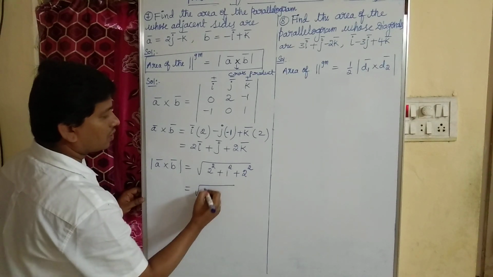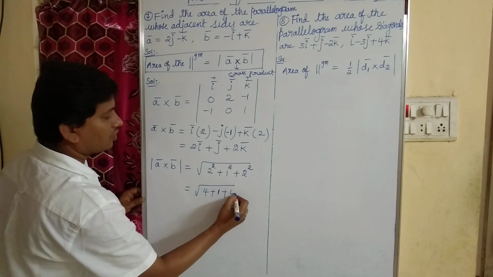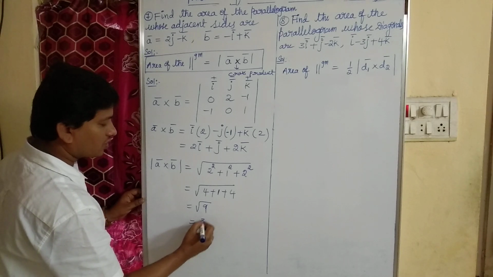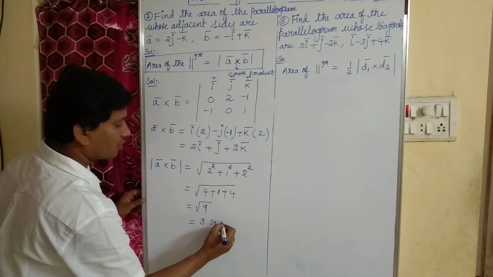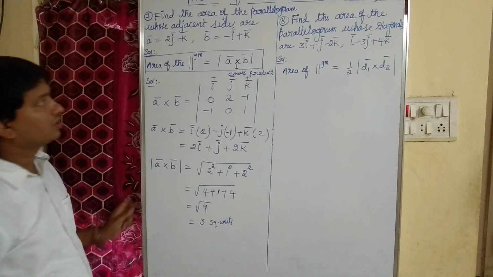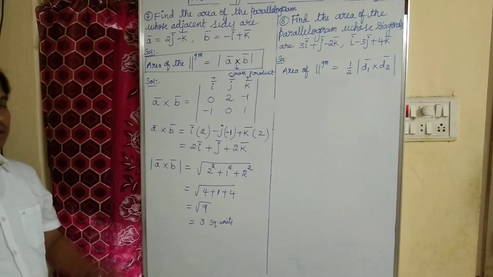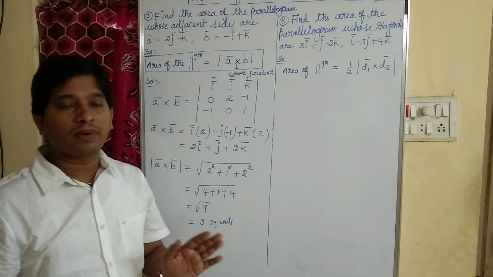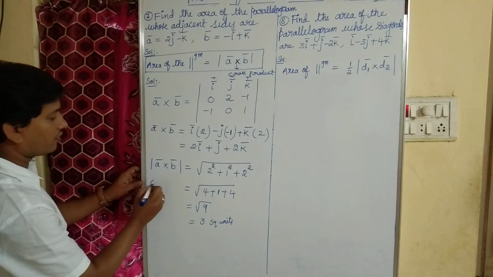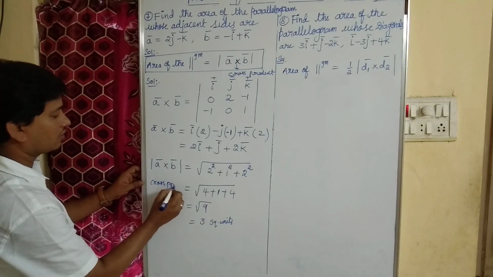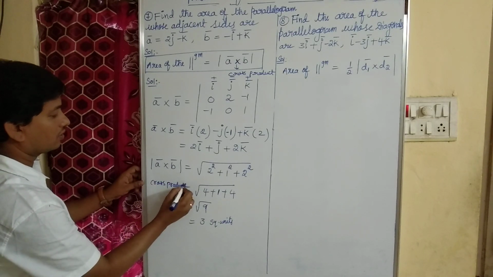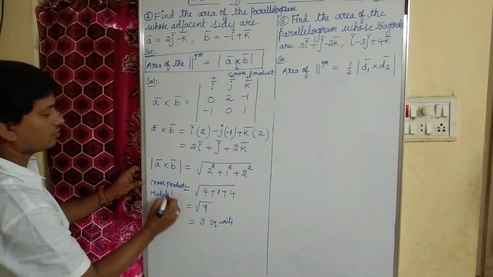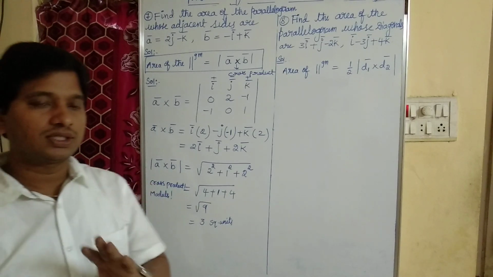So 2 squared is 4, 1 squared is 1, 2 squared is 4, 4 plus 4 is 8, 8 plus 1 is 9, the square root of 9 is 3. So the area of the parallelogram is 3 square units. So finding the area of the parallelogram, first we find the cross product, then second we find the modulus. So cross product and modulus, that's all.